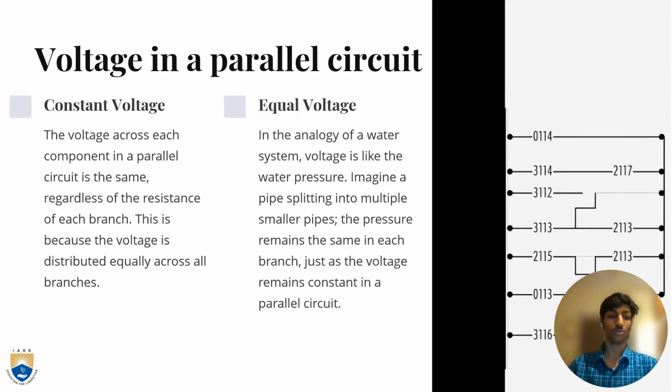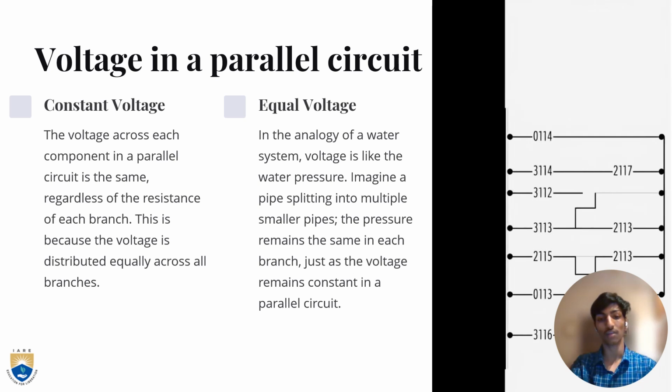So here, voltage in a parallel circuit. There is a constant voltage and an equivalent voltage. In constant voltage, the voltage across each component in a parallel circuit is the same, regardless of the resistance of each branch. This is because the voltage is distributed across all branches in equal amounts, as we can see in the analogy of a water system.